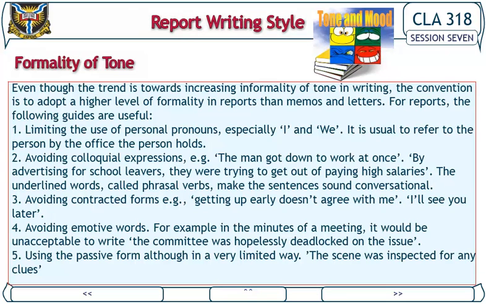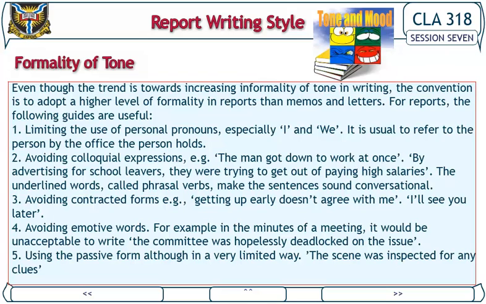Formality of tone. Even though the trend is towards increasing informality of tone in writing, the convention is to adopt a higher level of formality in reports than in memos and letters. For reports, the following guides are useful. 1. Limiting the use of personal pronouns, especially I and we.